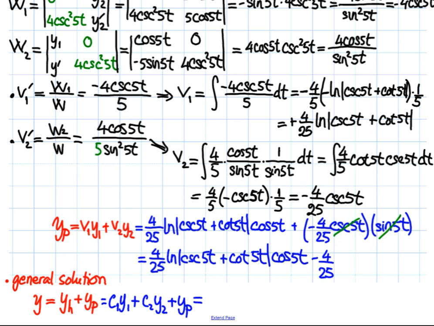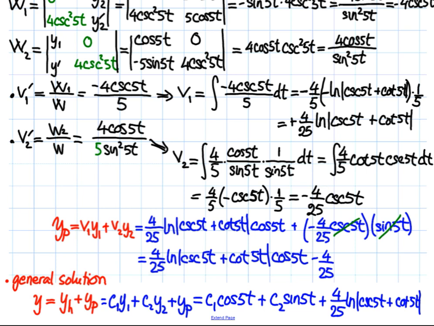And then for our problem, y1 is cosine, y2 is sine, and then the particular solution is 4 over 25 ln cosecant 5t plus cotangent 5t, minus 4 over 25. And that is the solution to the problem.